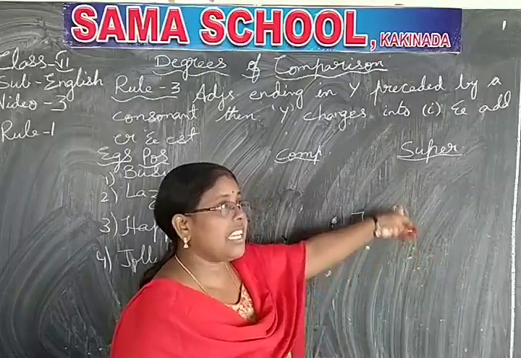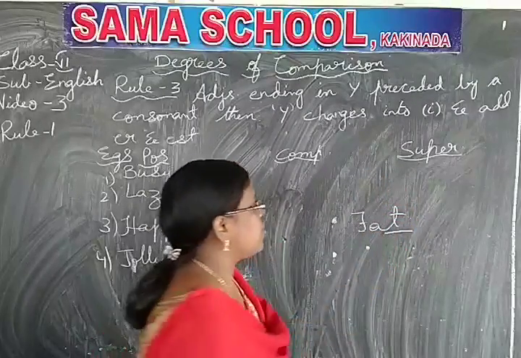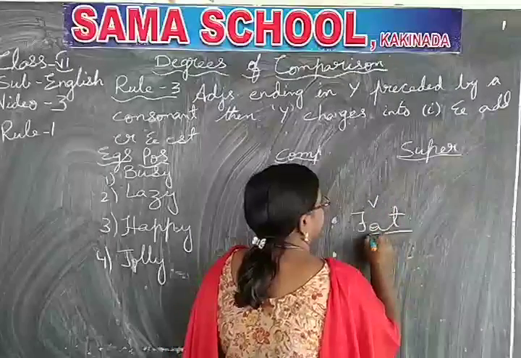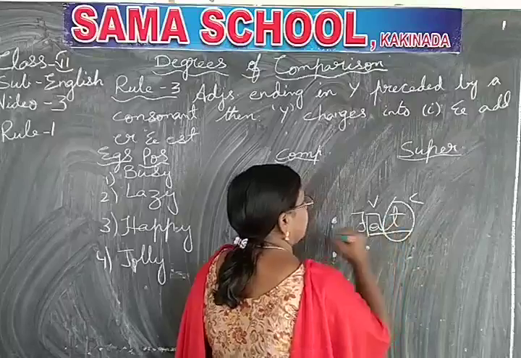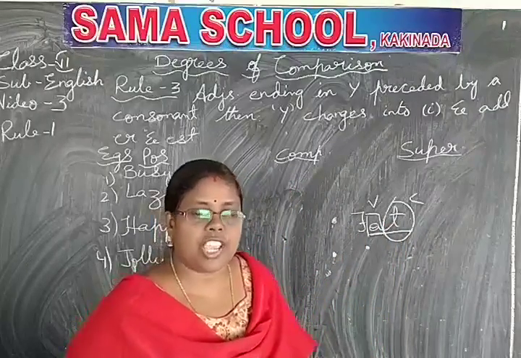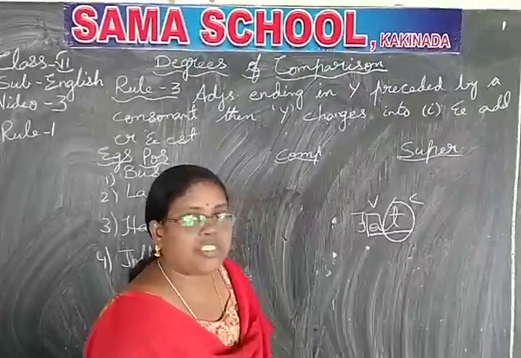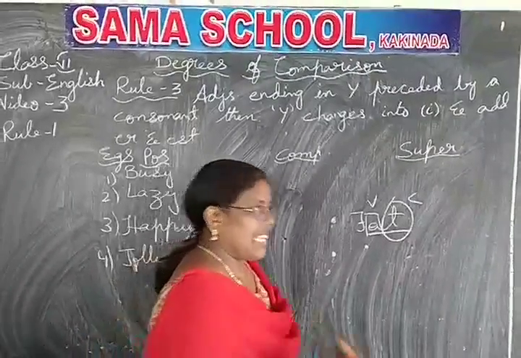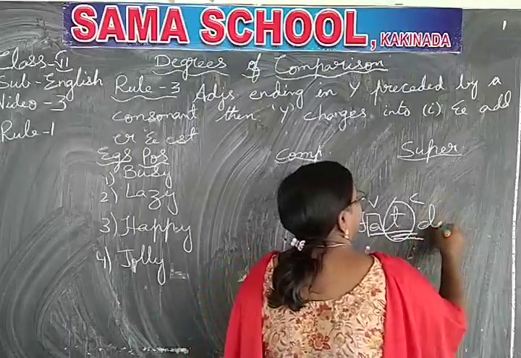And preceding that consonant should be a vowel. Before that consonant should be a vowel. This is a consonant and this is a vowel. That time how will you change it into comparative degree and superlative degree? That time this consonant will become double.